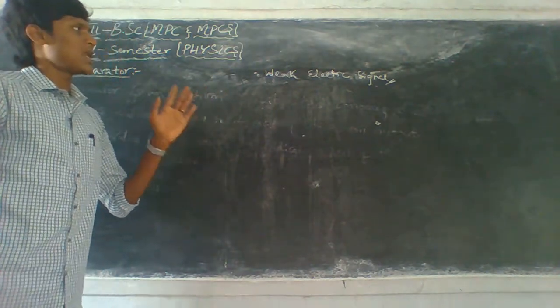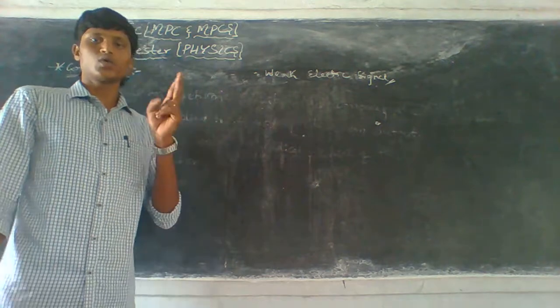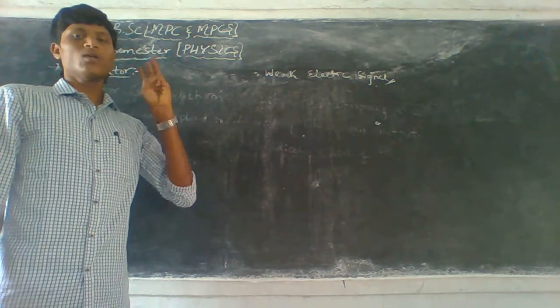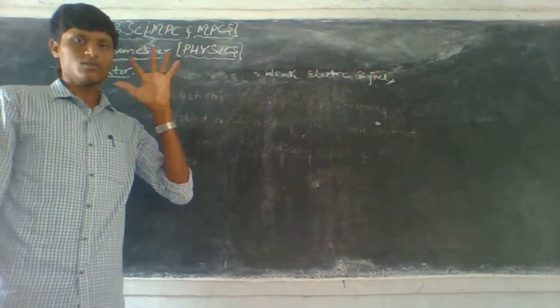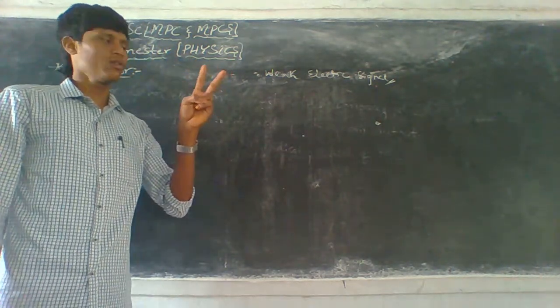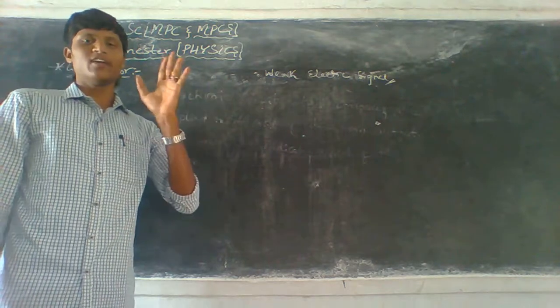The operational amplifier has two input signals and one output signal, and two supplies. So five ఉంటాయి. రెండు input signals, ఒకటి output and రెండు power supplies.